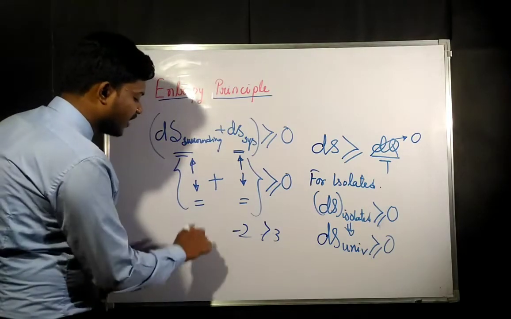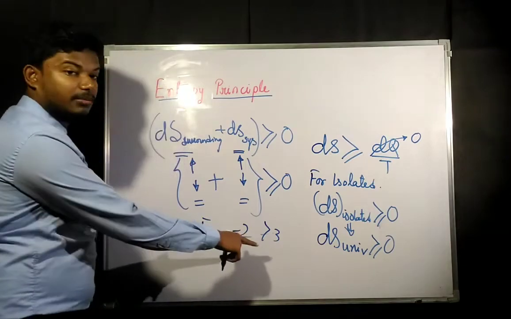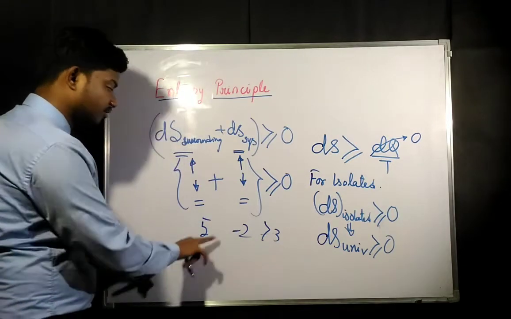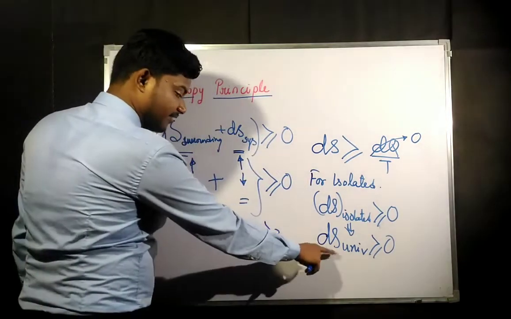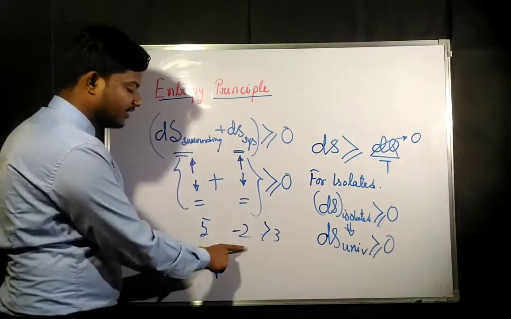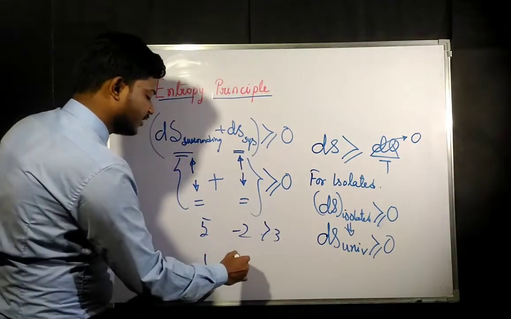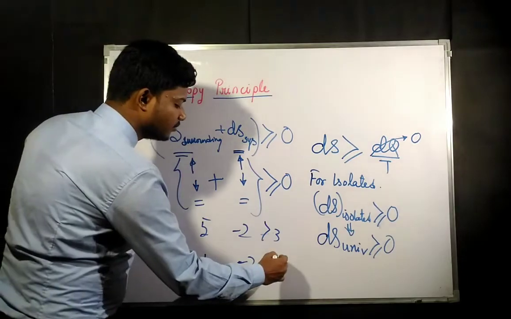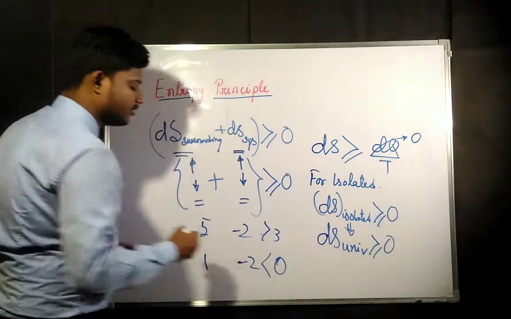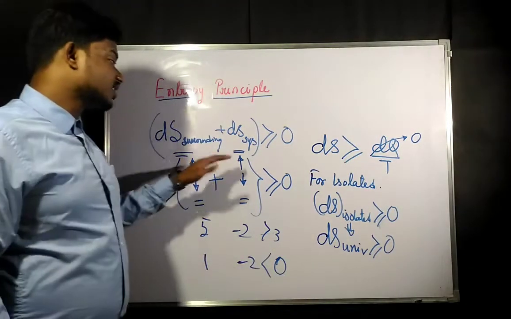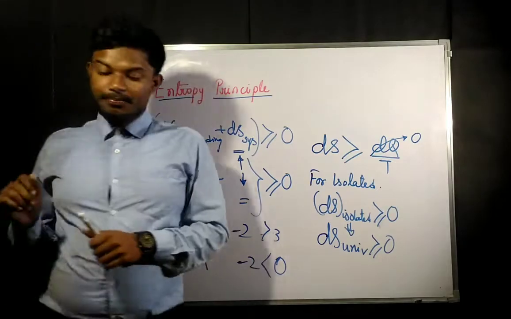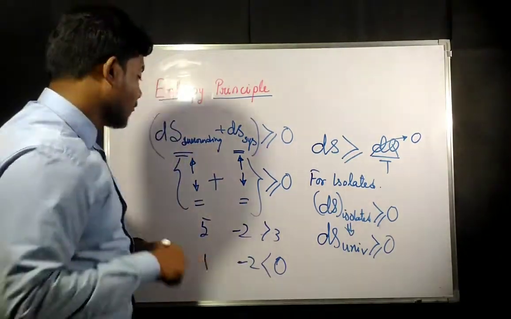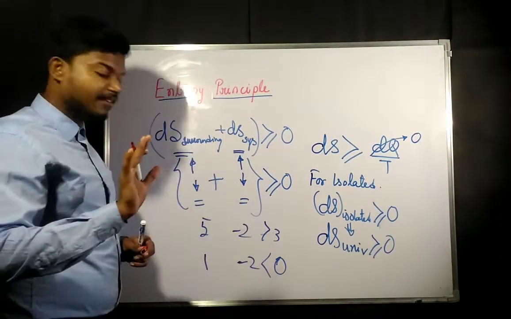If this is 5 and this is greater than 3, that is fine. According to our derivation, we can never say the other can happen, because we have just found out that the entropy of the universe is never going to decrease.